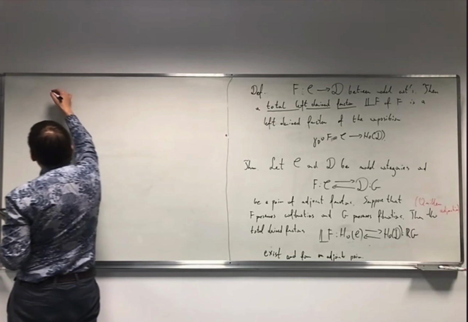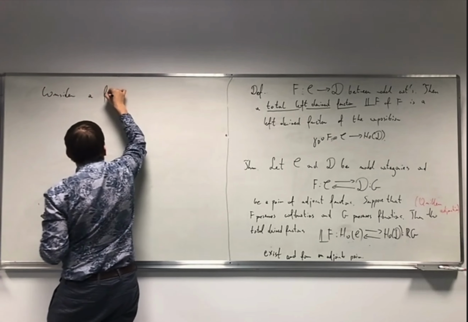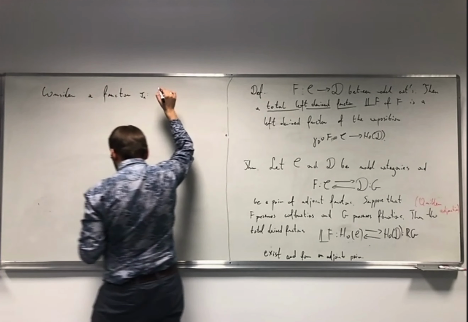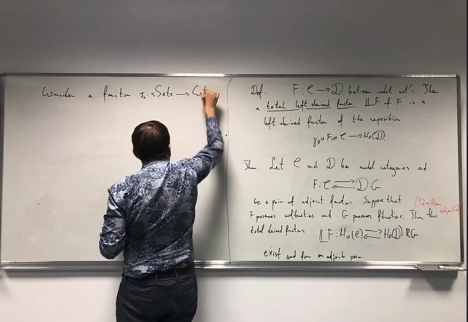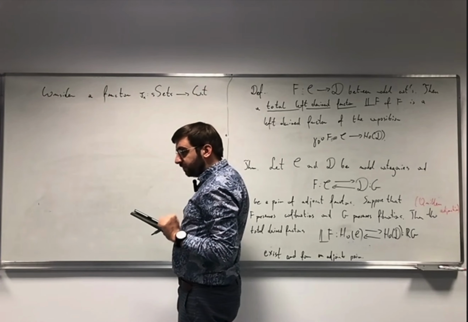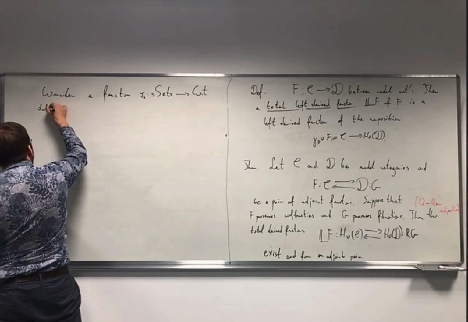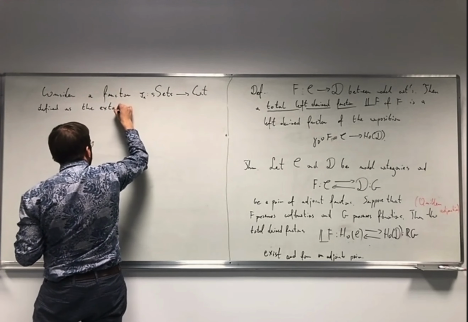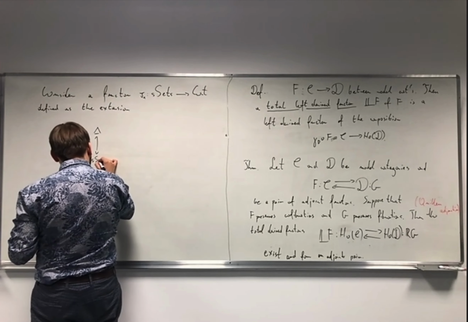So consider a functor tau_1 from simplicial sets to Cat. I think that by Cat here I mean the category of small categories. And it is defined as the extension. So here we have the simplex category included in simplicial sets.